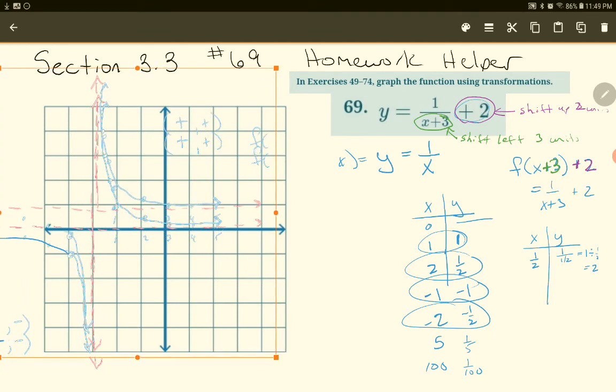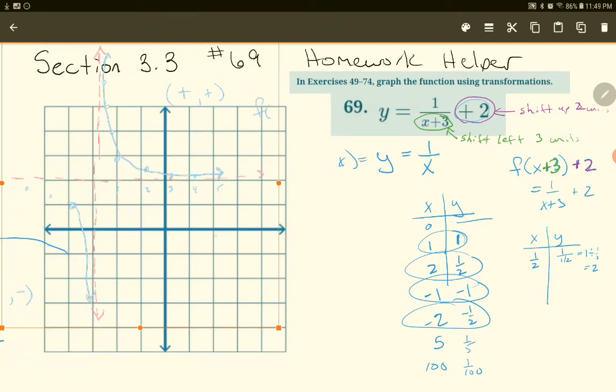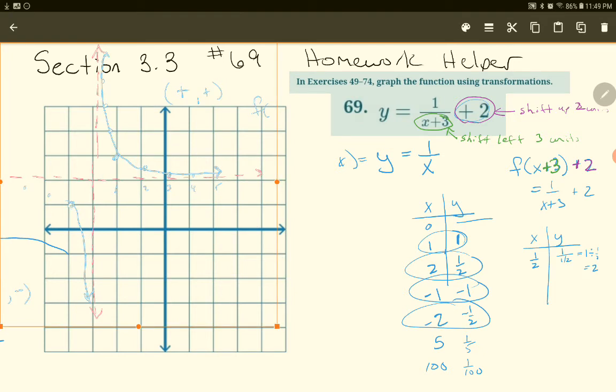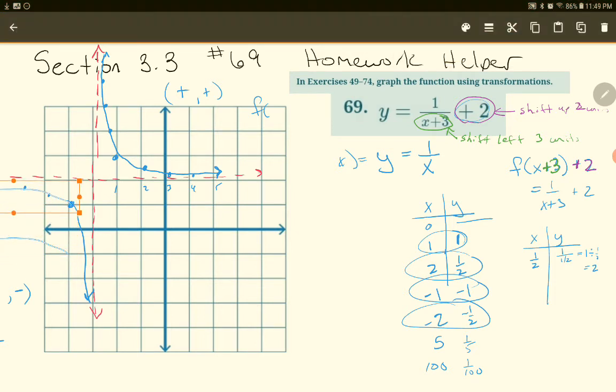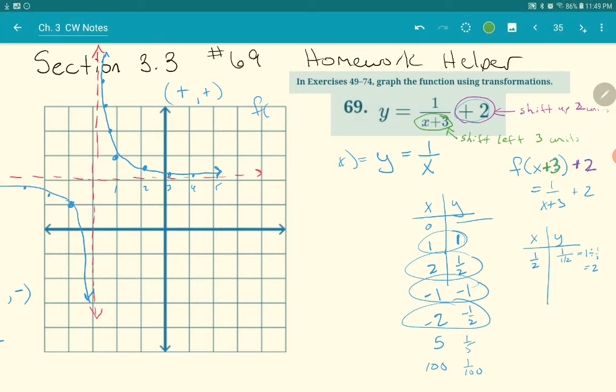So that's 1, 2. You just kind of pick a point on your graph that you can reference. This guy got lost behind, so let's get him up there too. So every point on the graph is shifting left 3 and up 2, but I like to pick a point of reference like the 1, 1 point, for example.